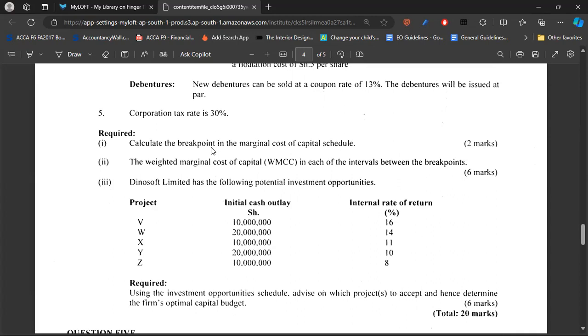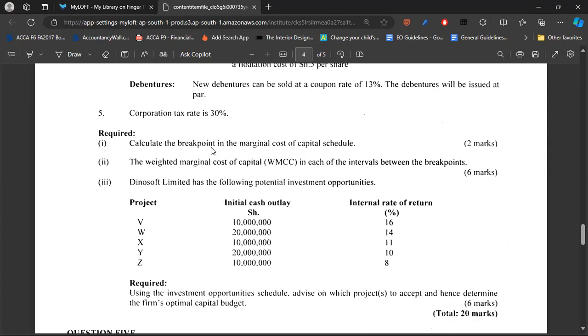Calculate the weighted marginal cost of capital in each interval between the breakpoints. 3. Dinosoft Limited has the following potential investment opportunities. Required: using the investment opportunities schedule, advise on which projects to accept and hence determine the firm's optimal capital budget.